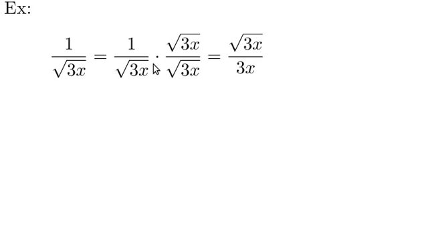Okay, so we have 1 times the square root of 3x equals the square root of 3x, and root 3x times root 3x equals just 3x.